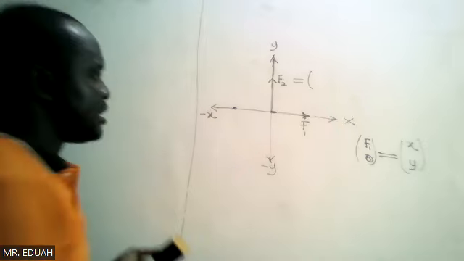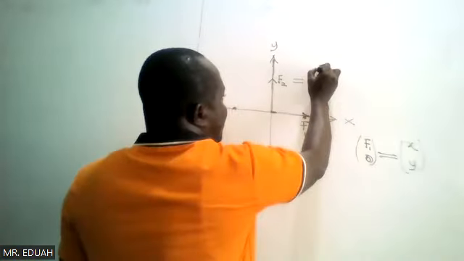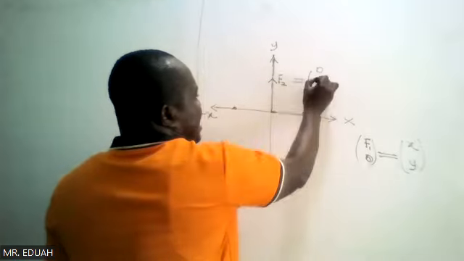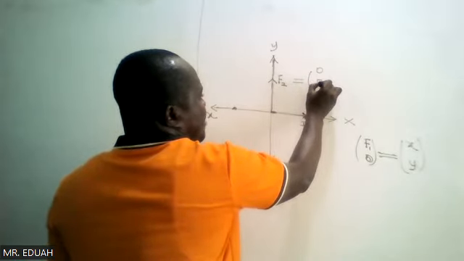Yes, good. So this will be 0, and the vertical component is equal to F2.